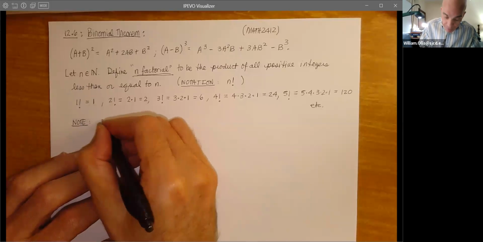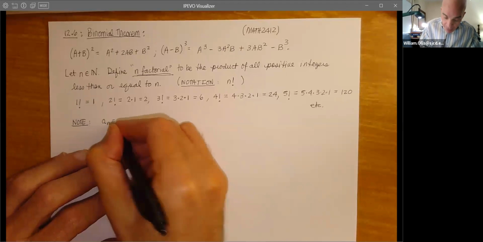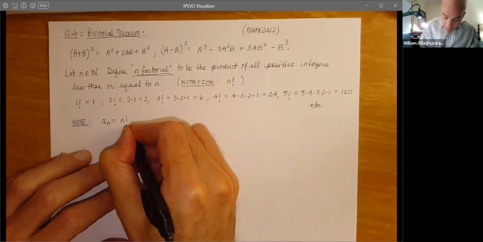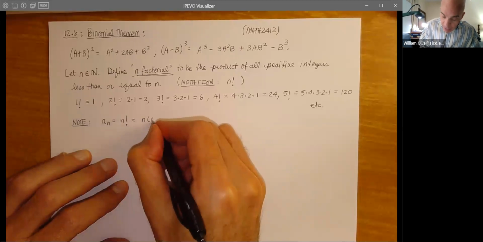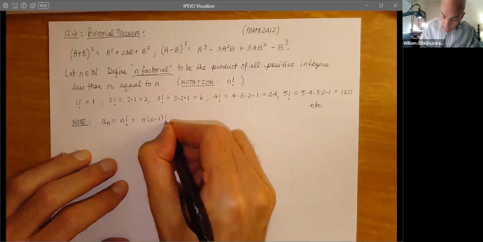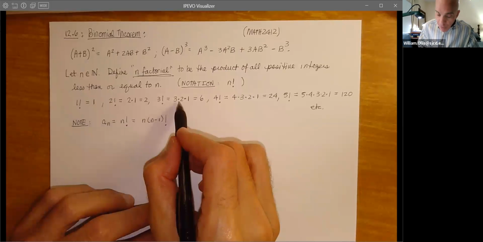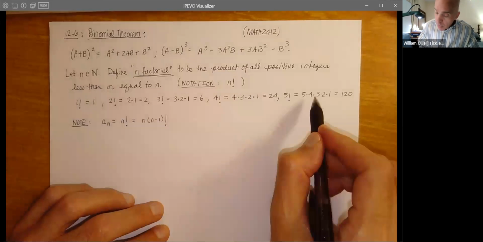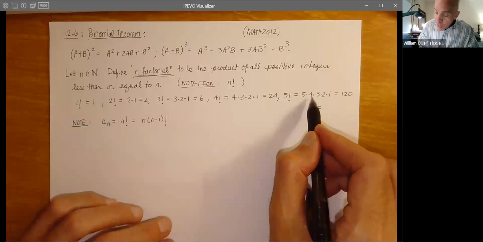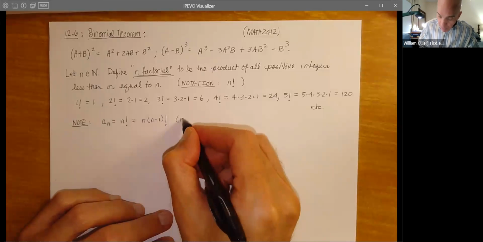So we could say that if a sub n is n factorial, we can write this as n times (n minus 1) factorial. So basically, we look at 3 factorial and say it's just 3 times 2 factorial. We look at 5 factorial and say that's just 5 times 4 factorial. So this is a recursion.